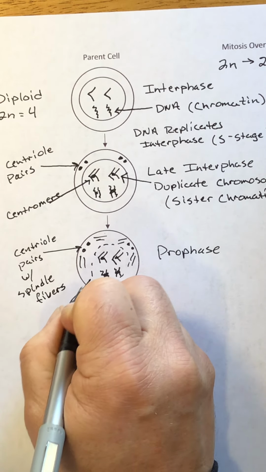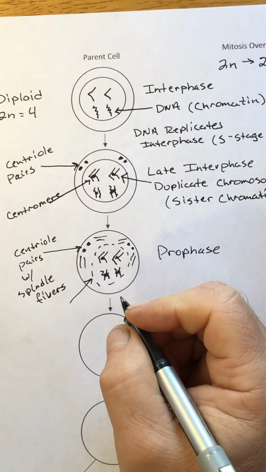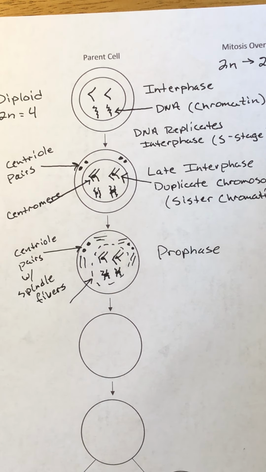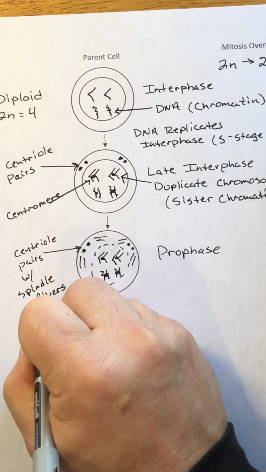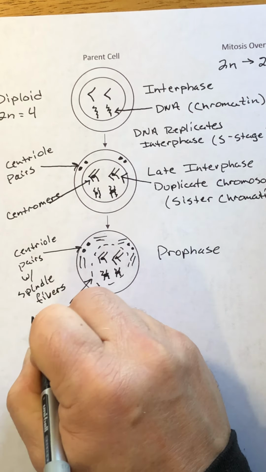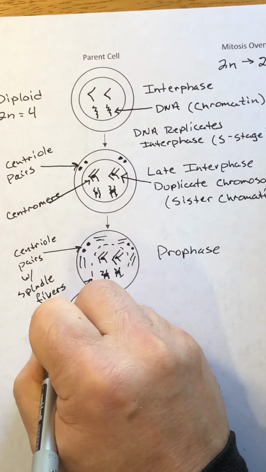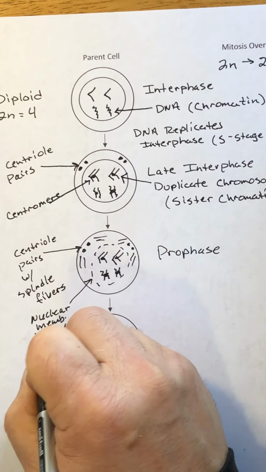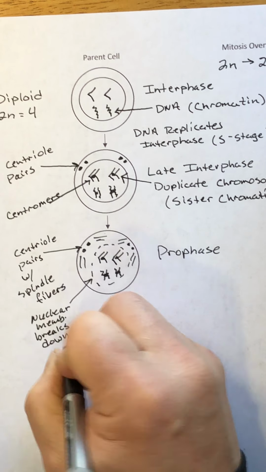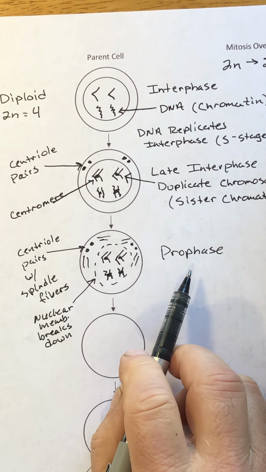And then the little dotted line represents the nuclear membrane breaking down. And this is all happening during prophase.